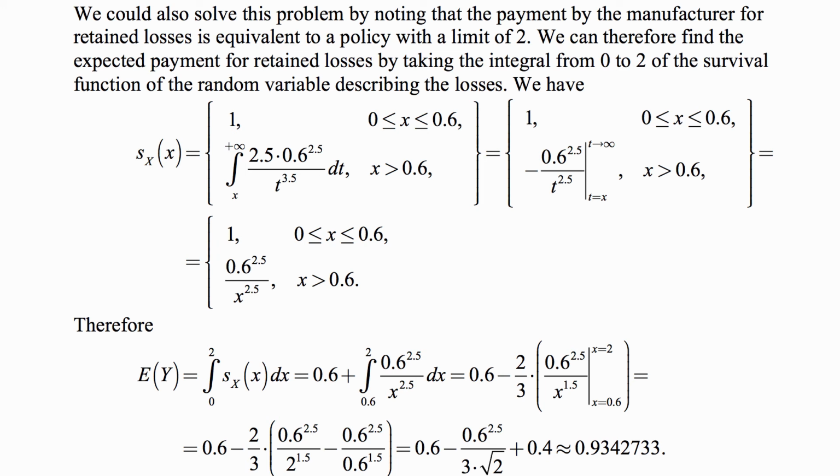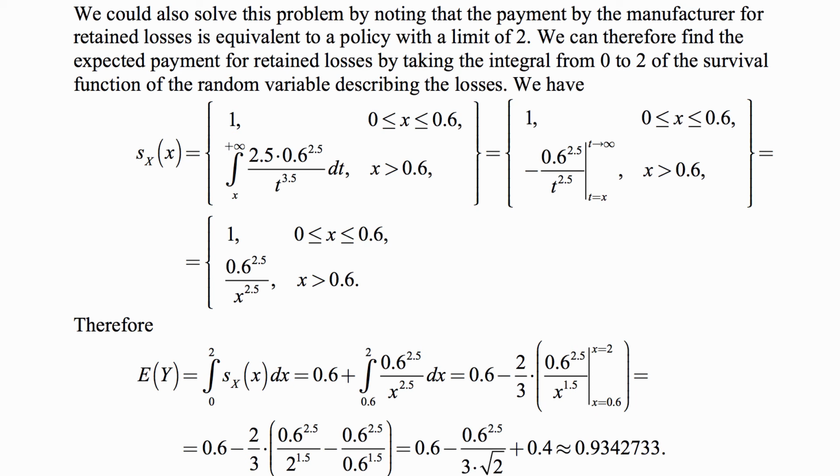And then we see that from 0 to 0.6, it's just the integral of 1, which is 0.6. And then beyond that, it's the integral from 0.6 to 2 of 0.6 to the 2.5 over x to the 2.5 dx. And the integral of that function is, well, it's negative 1 over 1.5 times x to the negative 1.5 times 0.6 to the 2.5.